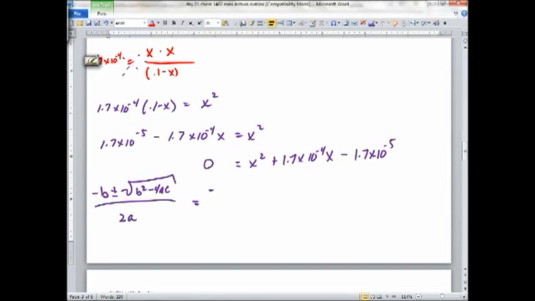Negative b, so it's going to be a negative 1.7 times 10 to the negative 4, plus or minus the square root of b squared, 1.7 times 10 to the negative 4. Got to square it though. Minus 4 times a times c. Oh, and it's negative though. Right, c is negative.